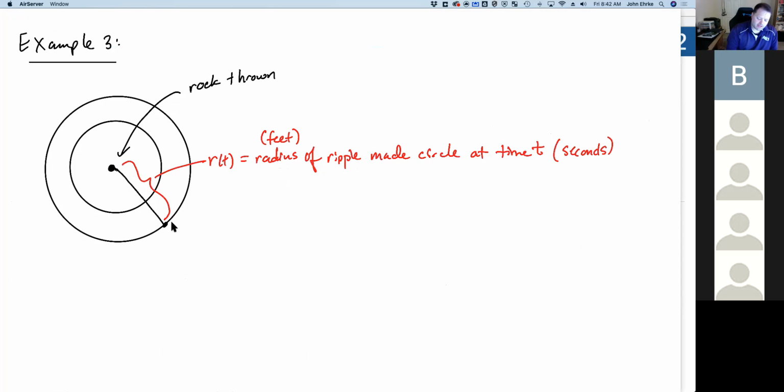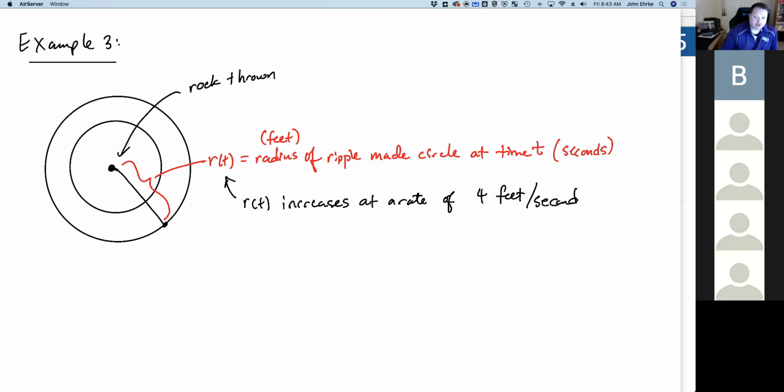All right. There's really not much more to write here other than to write in what the rate is telling you. And it's telling me that r of t increases at a rate of 4 feet per second.